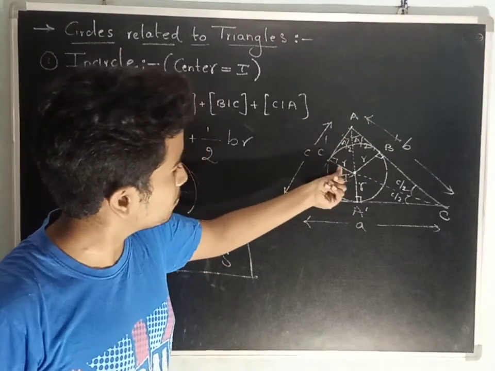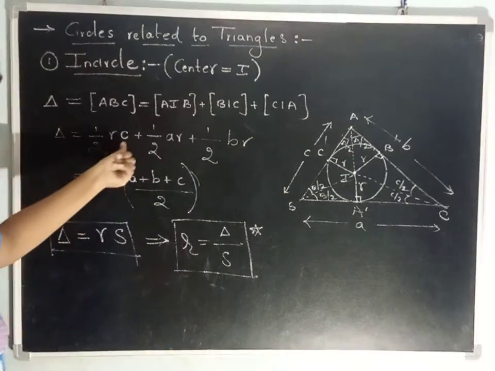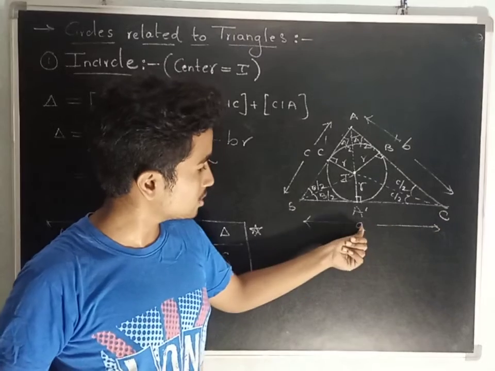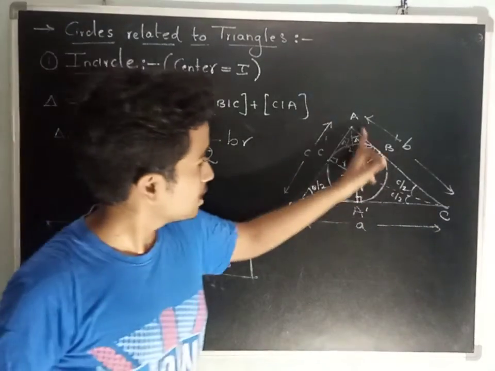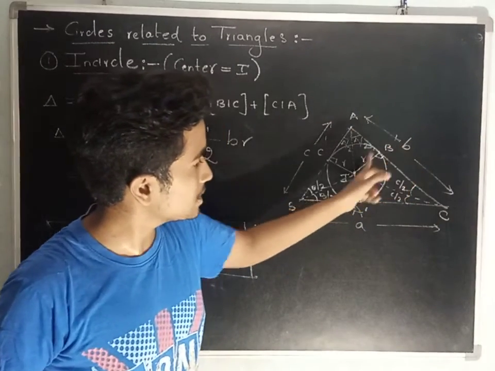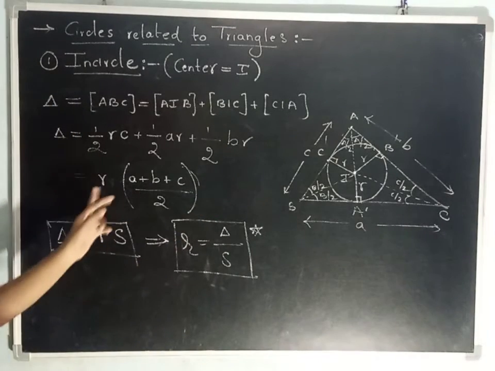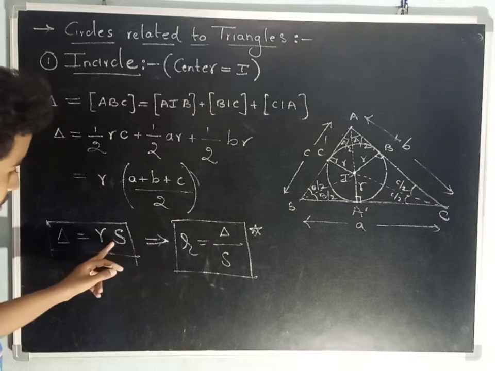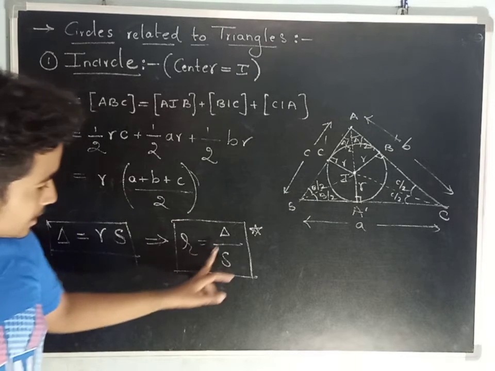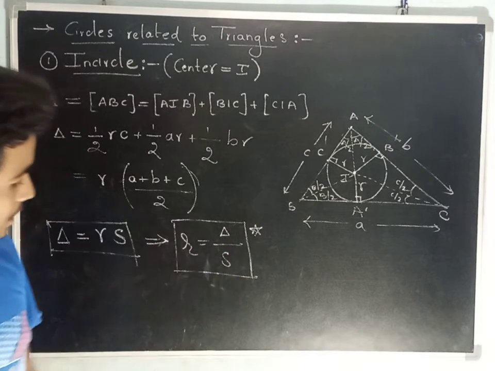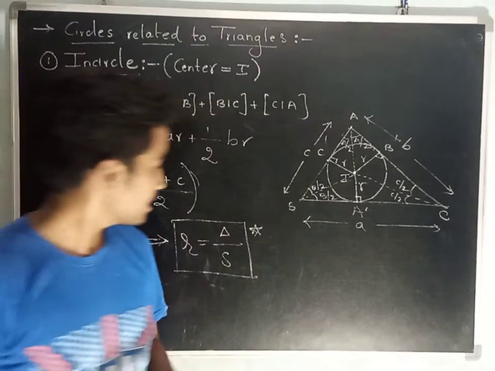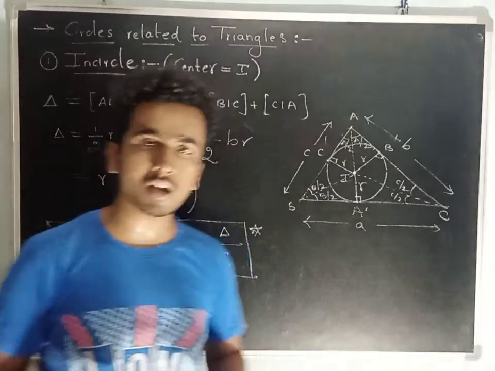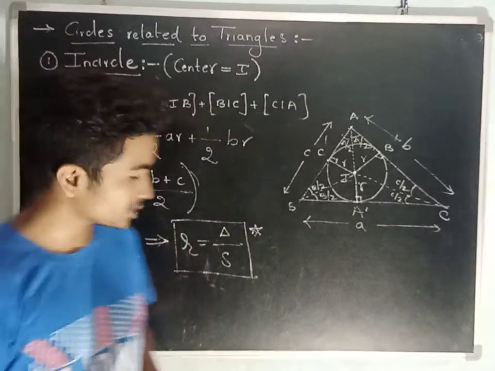For this triangle, half into base into height, half R C. For this part, half BIC, half into base into height, half A R. For triangle AIC, half B R. After further simplification, A plus B plus C by 2 is nothing but the semi-perimeter. So the radius of the incircle is nothing but the area of the triangle by the semi-perimeter. And this is how we can derive it. This is an important formula that you have to remember in solving many problems. Okay, let's move on further.